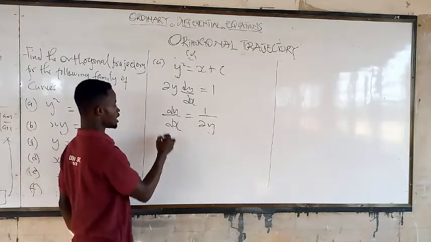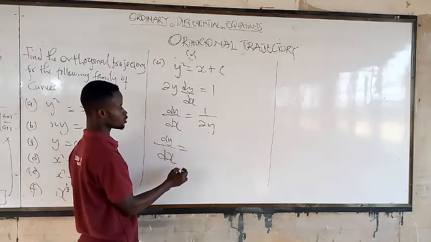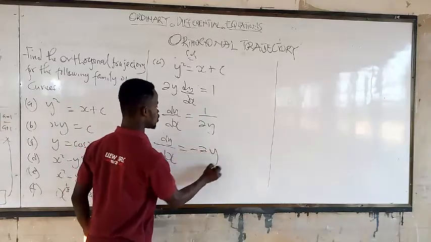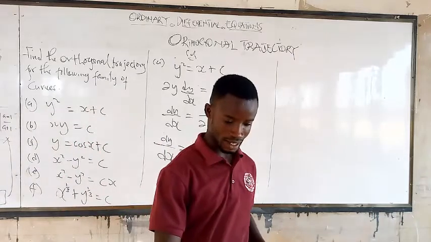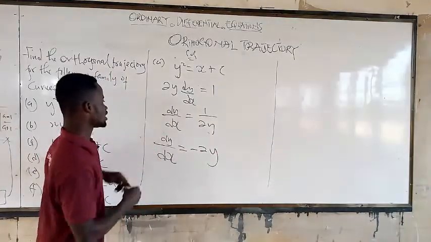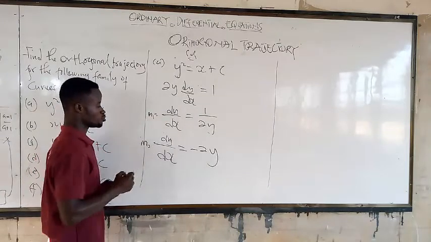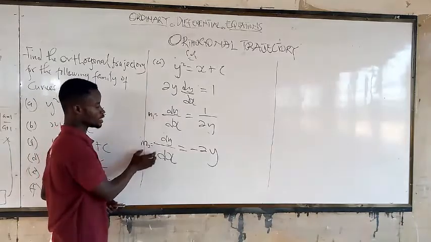So here, dy/dx is now going to be equal to the negative reciprocal of this, which is negative 2y. I hope you can see that. That is going to be the negative reciprocal of this. So this represents m1 and this represents m2. I hope it's clear. But you don't need to be repeating this m1 and m2.